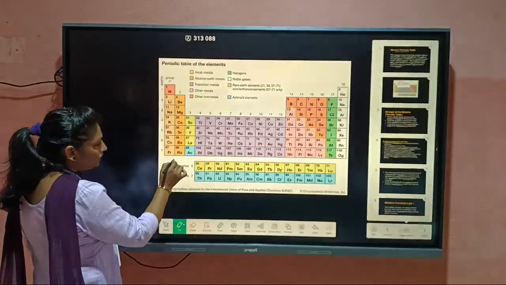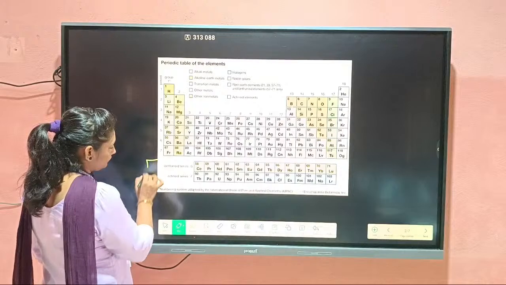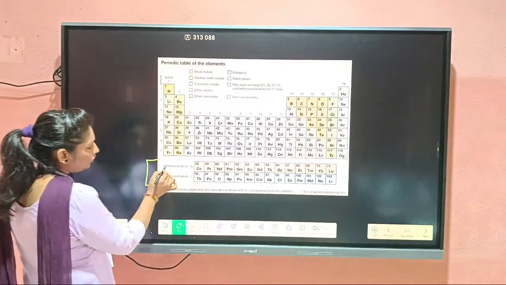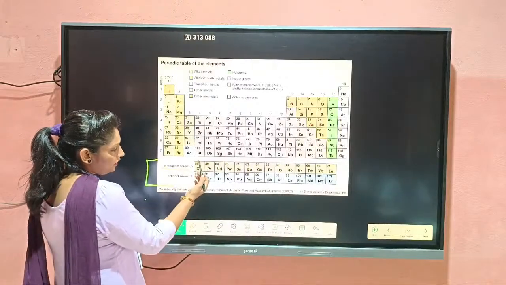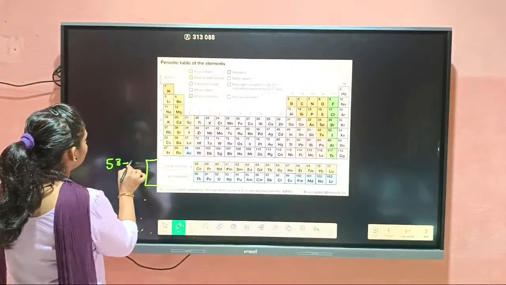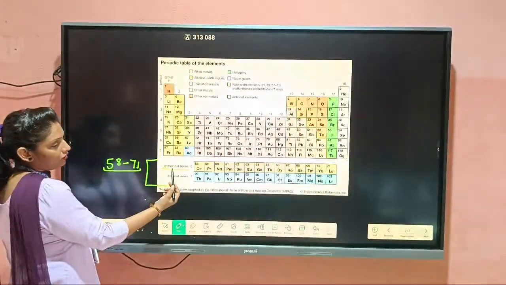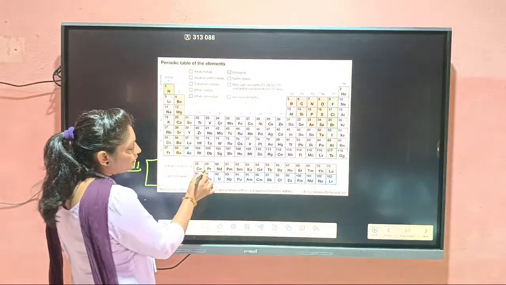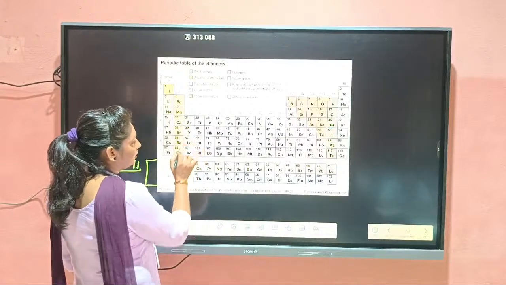These two separate series are known as the lanthanoids. The first series is the lanthanoid series because here the atomic numbers are 58 to 71. It is part of the sixth period and it starts after lanthanum.